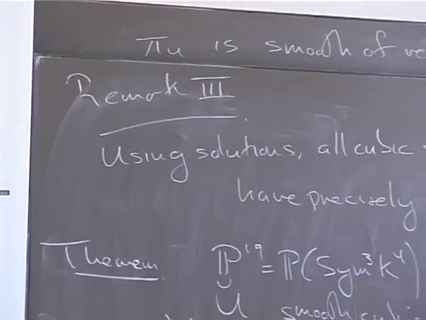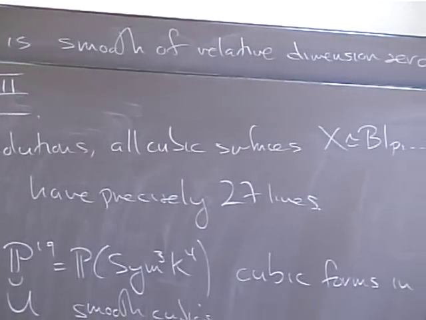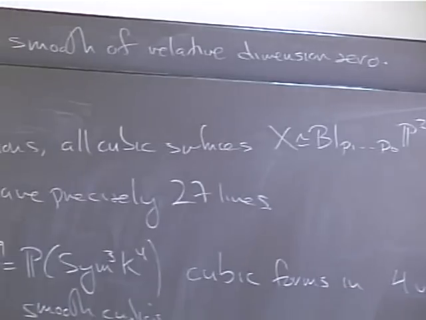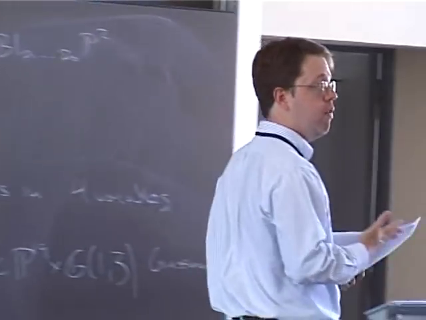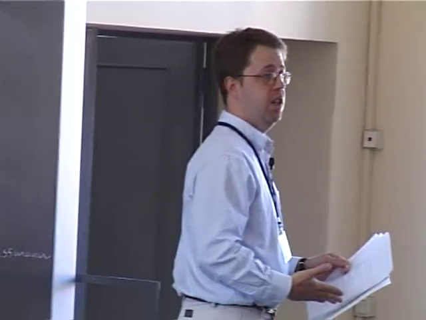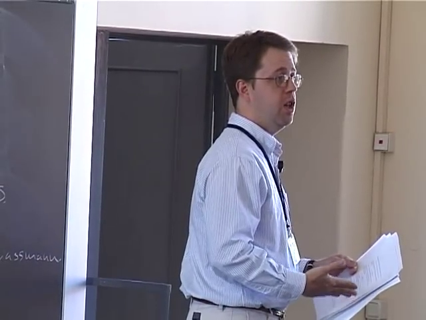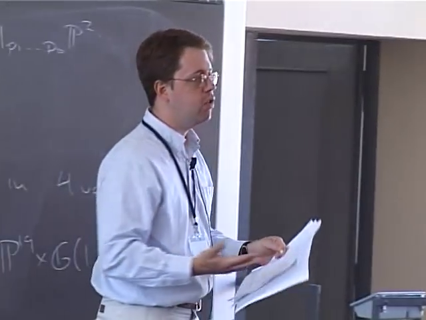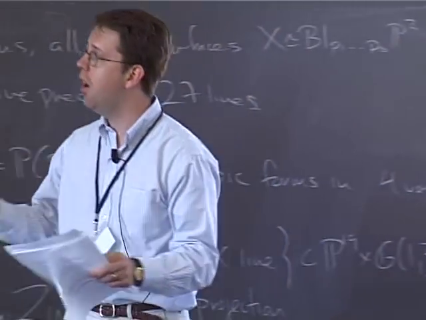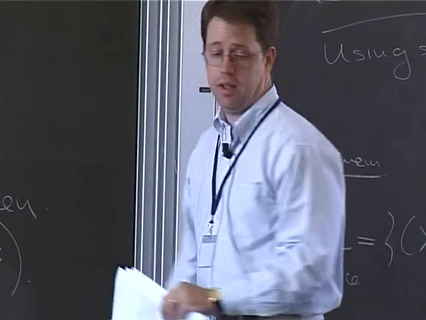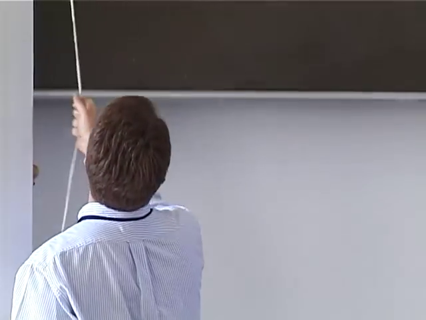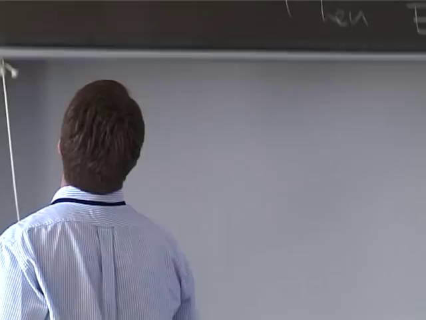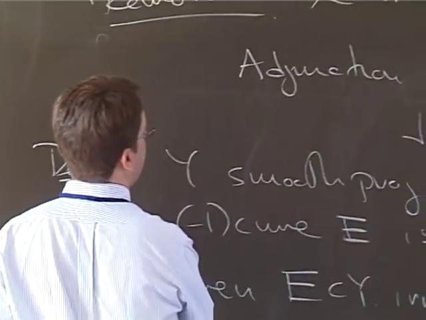We've shown that there are 27 lines on the cubic surface. And now we're going to use the fact that we understand all the minus 1 curves, all the lines, to recover something about the geometry of X. So knowing that we have these lines, we can actually reconstruct all the geometry of our cubic surface. There's lots of ways of doing this. So here's one way.